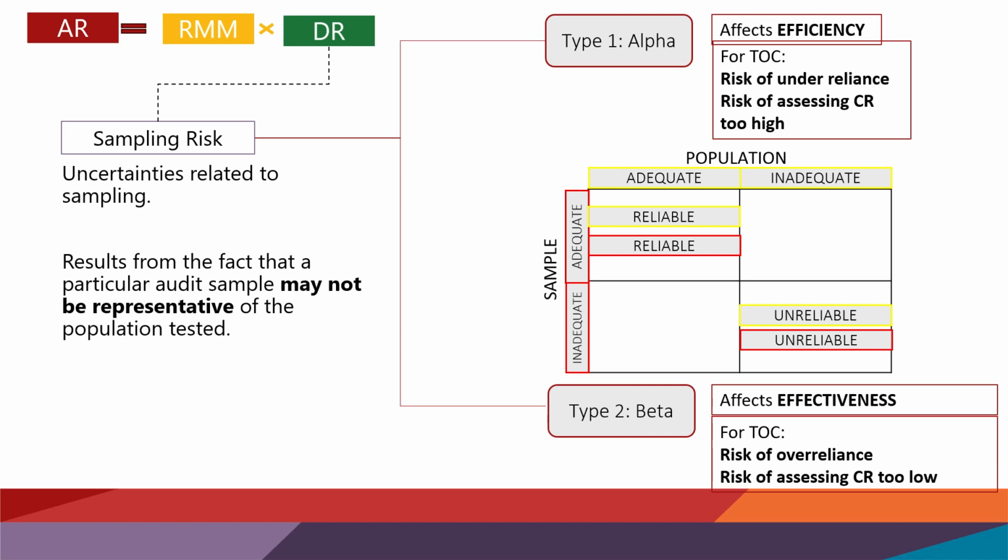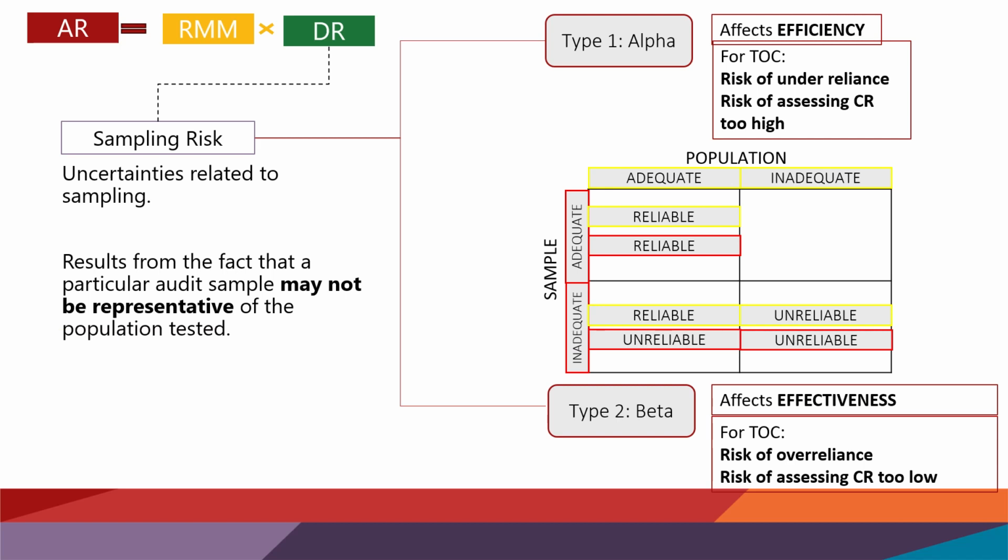There are instances, however, when such is not the case, such as you may encounter a population that is supposed to be reliable, meaning, had you tested the entire population, you would have shown that the controls were reliable, but because you only took a sample, the sample showed you that the population is not reliable.